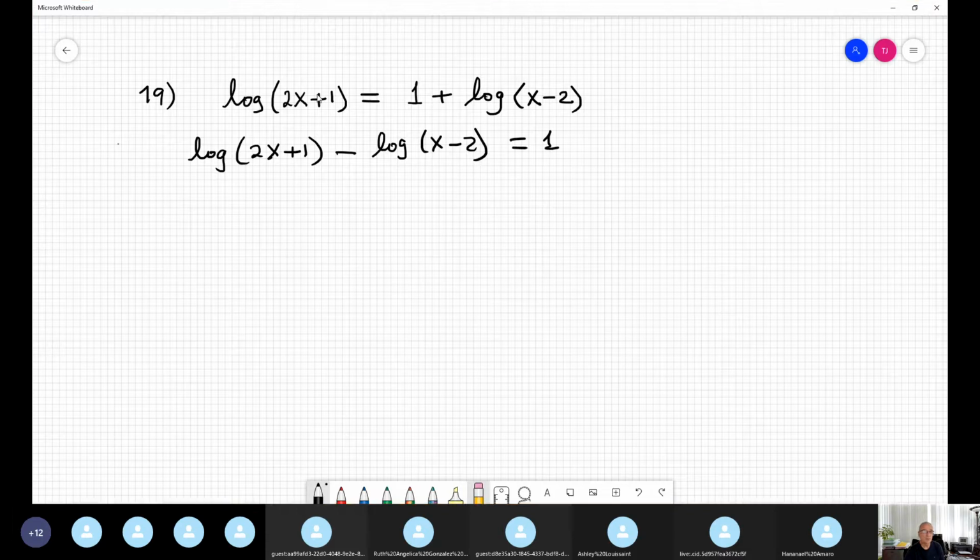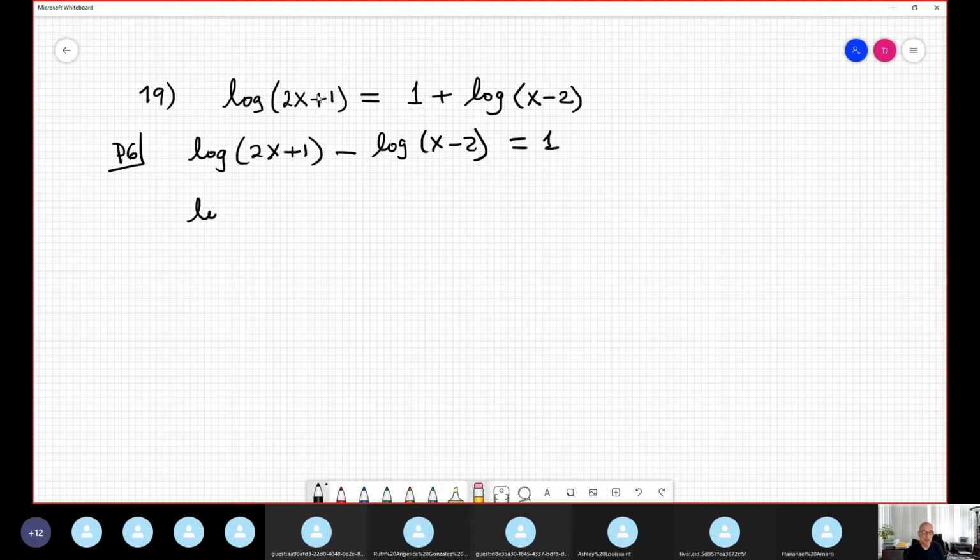But in this case you apply the property number 6 because it's minus. So since minus, division. The expression is 2x plus 1 in the top, the positive part, and the negative part in the bottom. Everything is the argument for the logarithm function, equal 1.